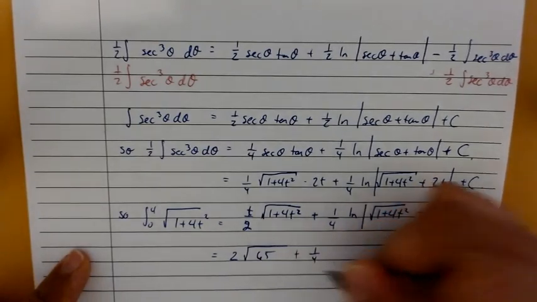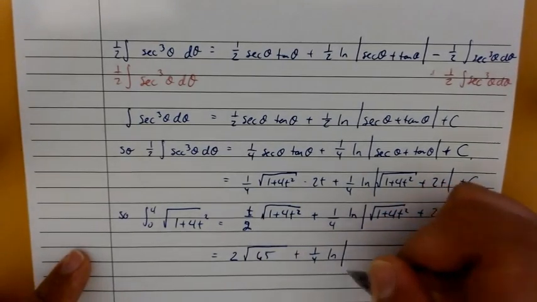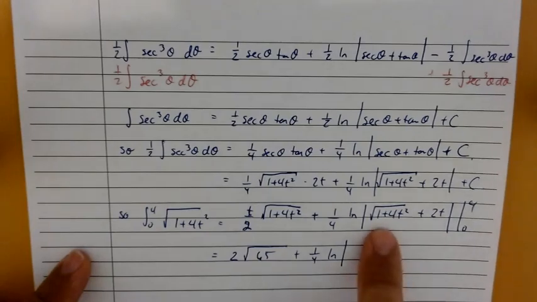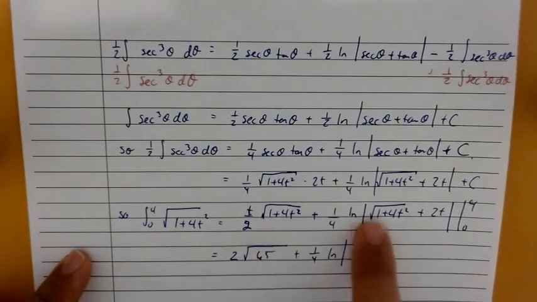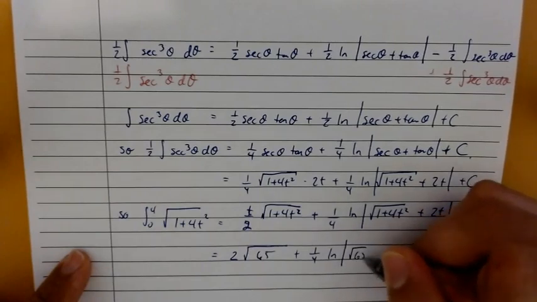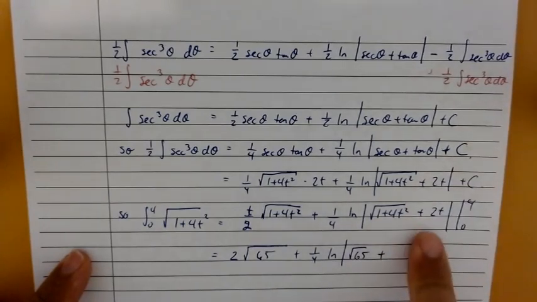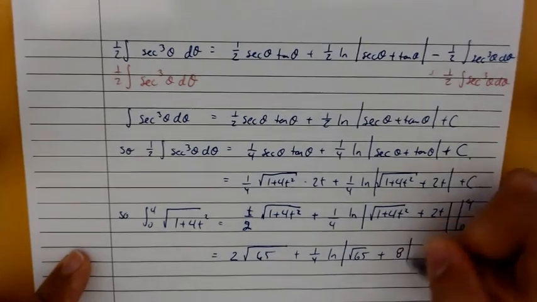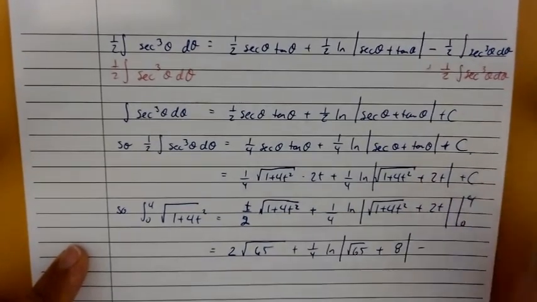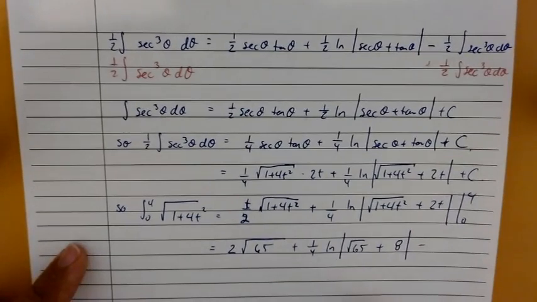Plus 1/4 the natural log of the absolute value of, let's see, that's 65. That's the same number as that one. Square root of 65 plus, let's see, 2 times 4 would give us 8. Minus, and let's see, if we plug in zeros, what do we get? That's going to be 0 times anything.